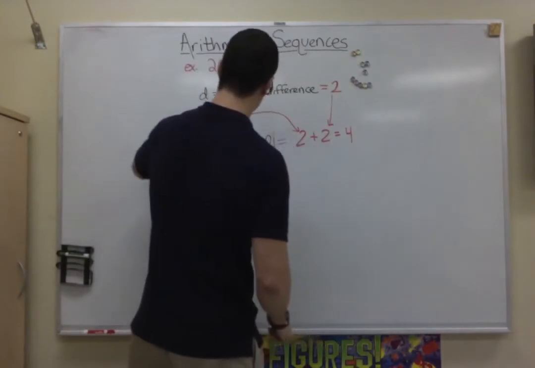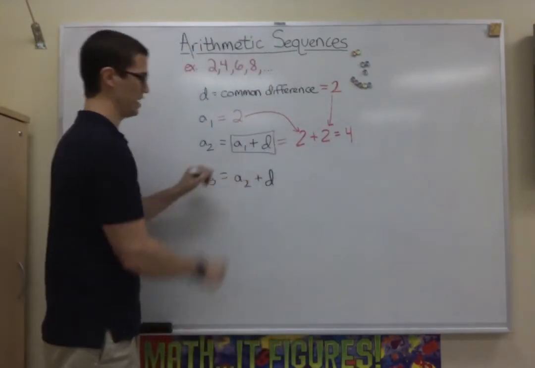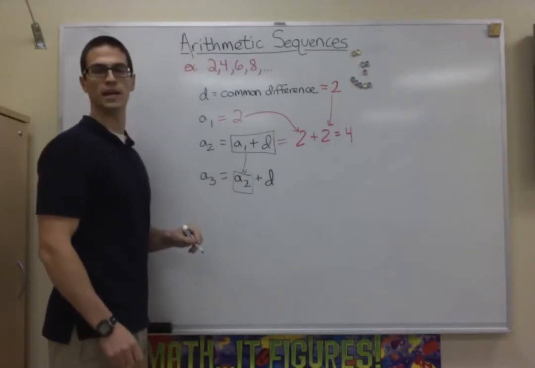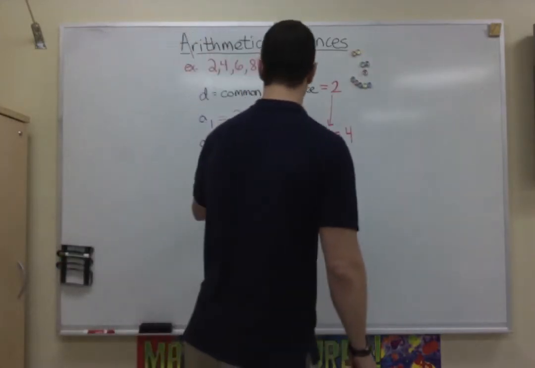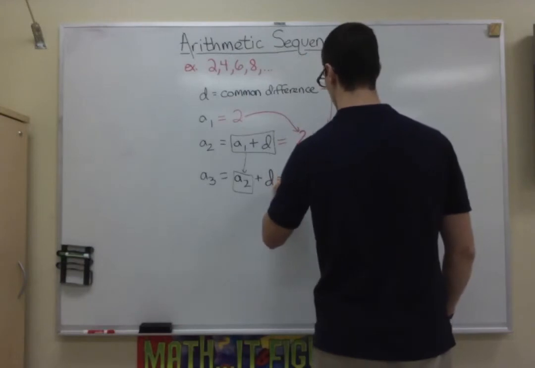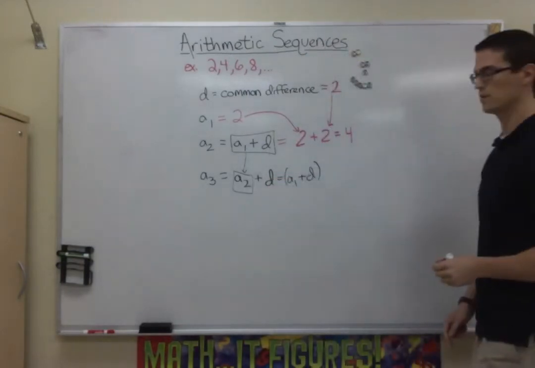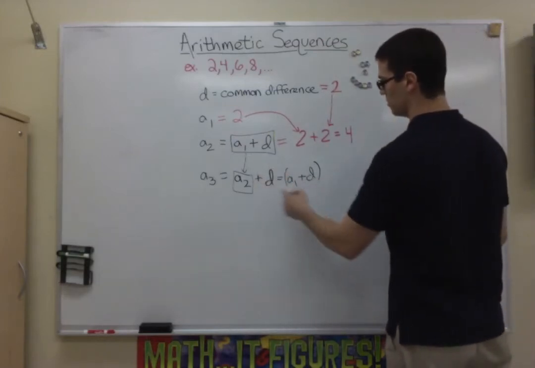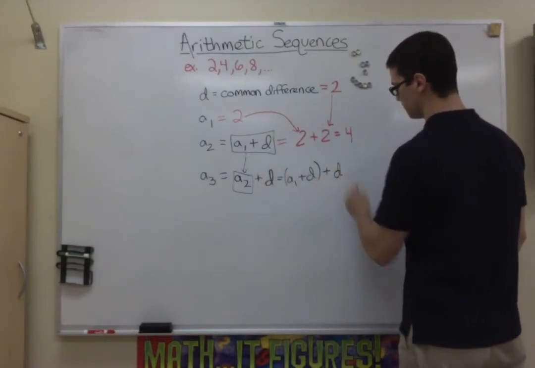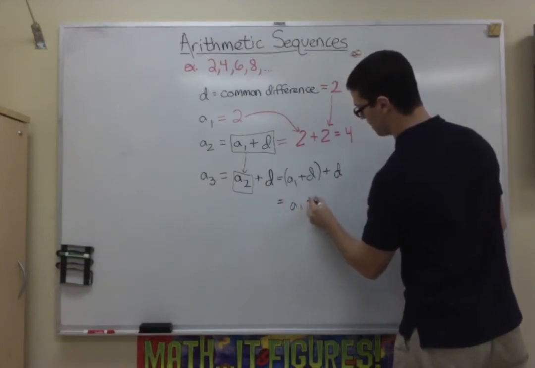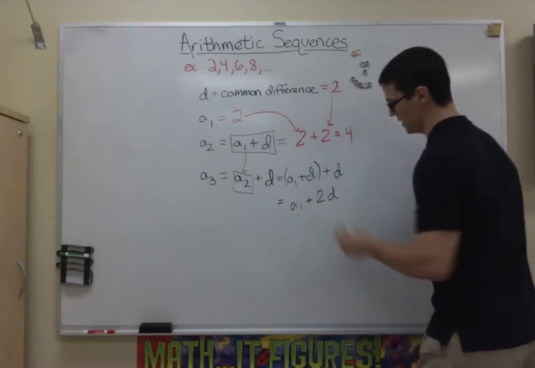I'm going to be taking A1 plus D and substitute it in to A2. Okay? So that turns my equation into A1 plus D. I'll put that in parentheses. So this is what A2 is equal to. And then I'm going to add D to it. And basically this simplifies to A1 plus 2D.